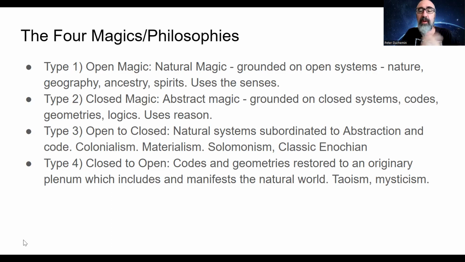The natural systems are subordinated abstraction, and so it's believed that the logos or the code is the primary reality, and that the natural world is a sort of flawed space that needs to be corrected by the code, or dominated by the code.